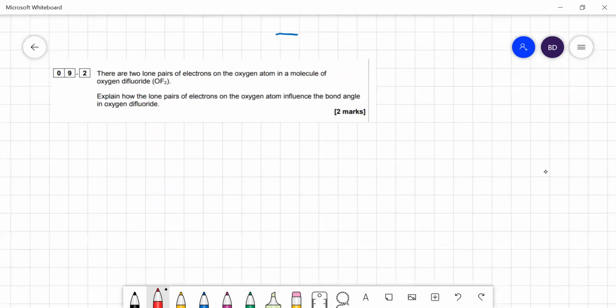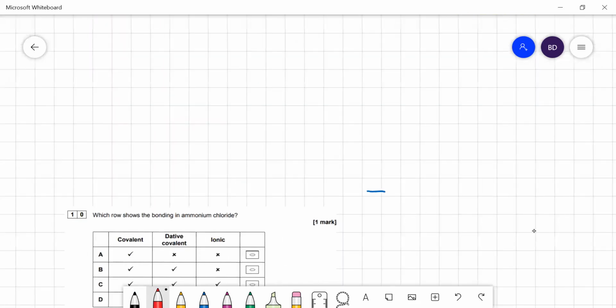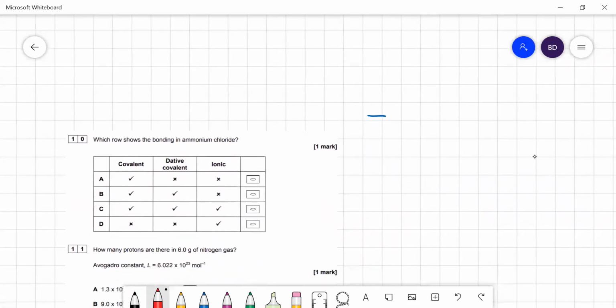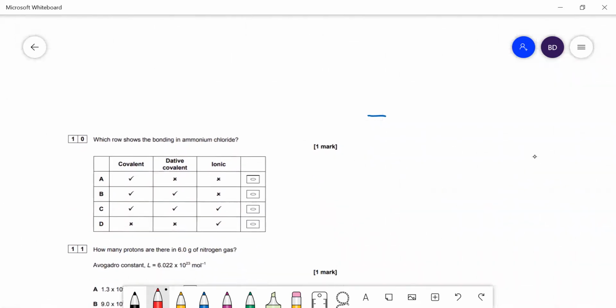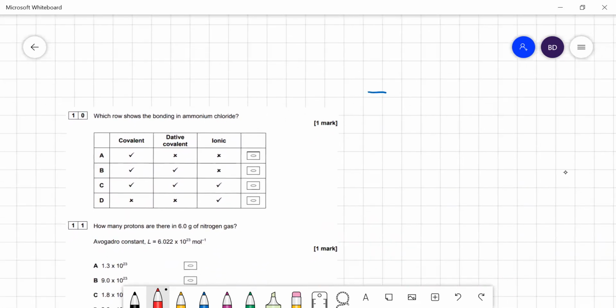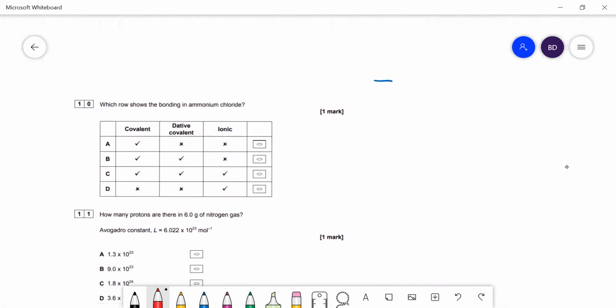Sorry, that's copied in twice. Ignore that. 9.2. Okay. So question 10 here. Right, which row shows the bonding in ammonium chloride? Okay. So wait, 9.3, sorry about that.